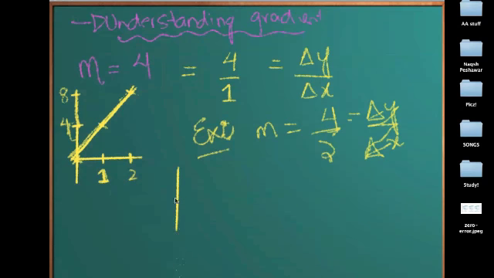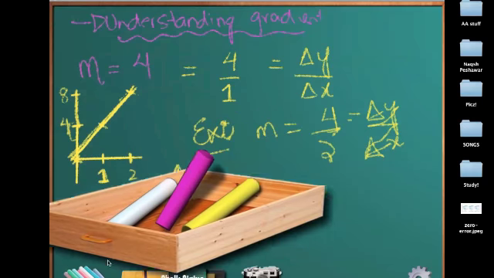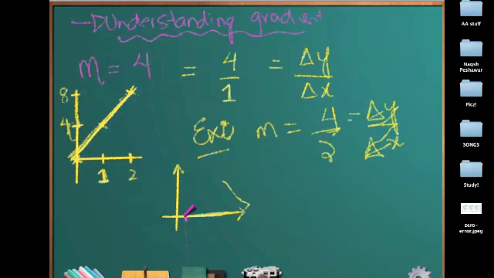For example, this is your axis here. Okay, so this means if I take it here, if for example this is the 2 mark here and this is the 4 mark here, so for every 2 that it covers, it would have covered a 4 in the y-axis.